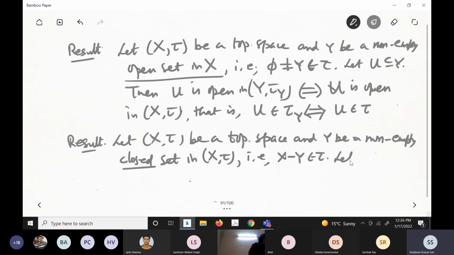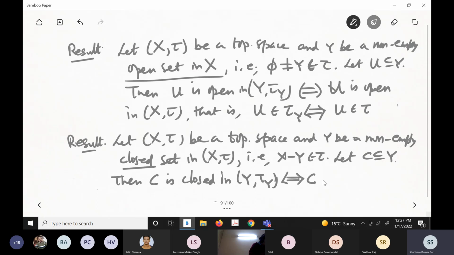Let C be a subset of Y. Yes, C may be empty also. Then C is closed in (Y, tau_Y) if and only if C is closed in (X, tau).